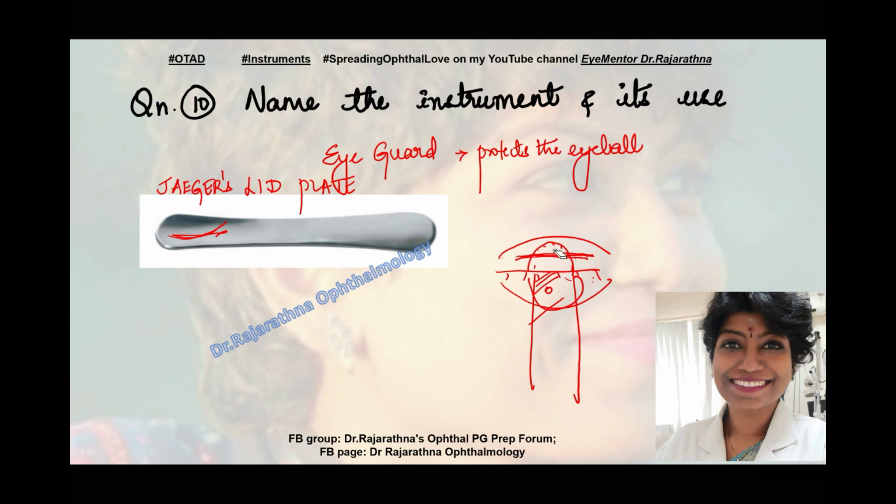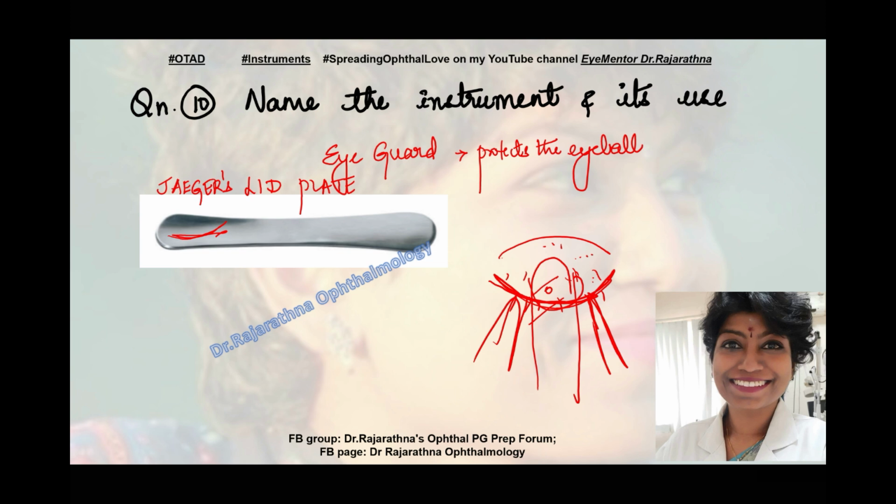Now it is also used when you want to stretch the eyelid over something. So I've already placed this, so it's going to give some support over which you can pull your lid. So if this is your upper lid, you can pull the upper lid. Already you would have put some traction sutures on the upper lid, so you can pull the lid over this and then work on it.